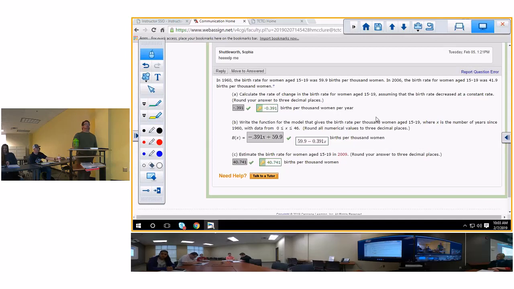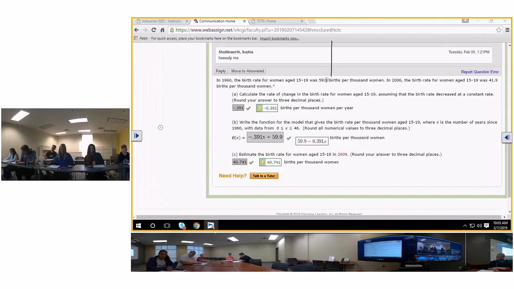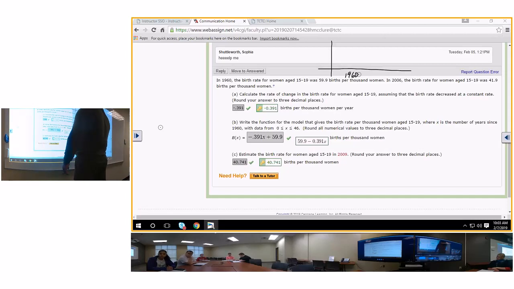Okay, this is pretty simple. First thing you do is draw a picture, because you did this in pre-algebra like 5,000 times. In 1960, we'll just call that 0.